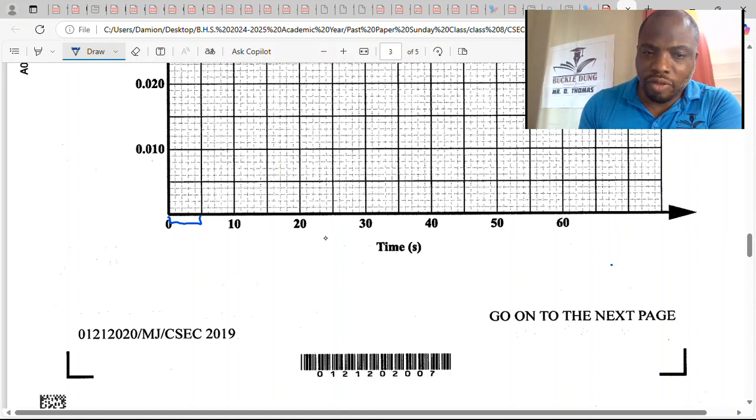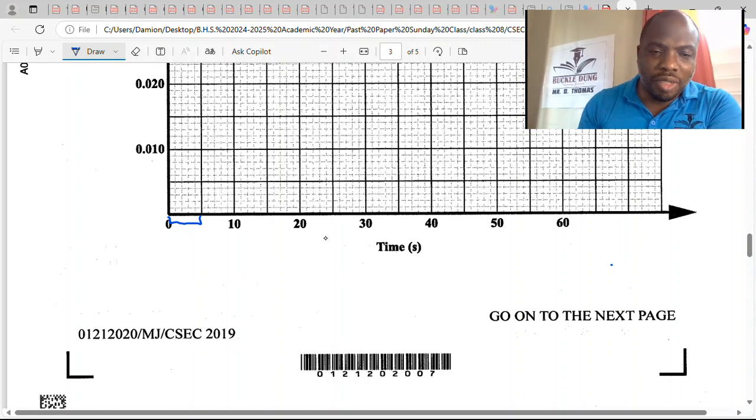We are trying to work out the scale we use. Work with me now. When you're doing the graph, remember you have to have a scale.